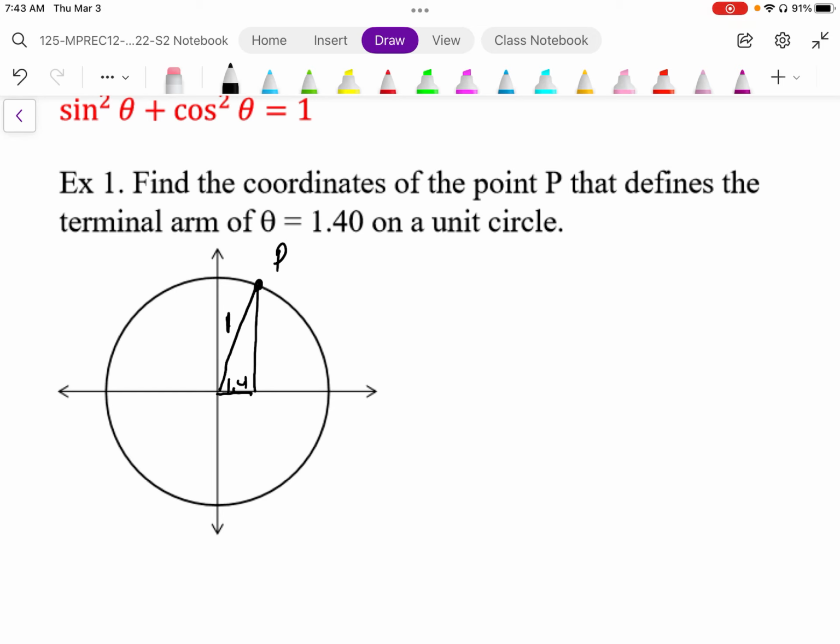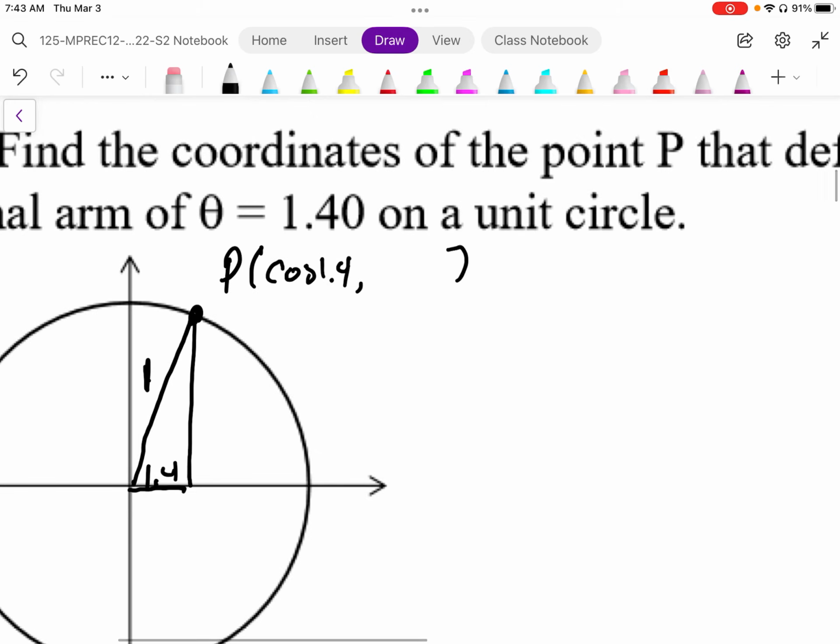Now, if it's radius 1, what that means is the coordinate here at P is just going to be the cosine value for the angle 1.4 and the sine value for the angle 1.4.